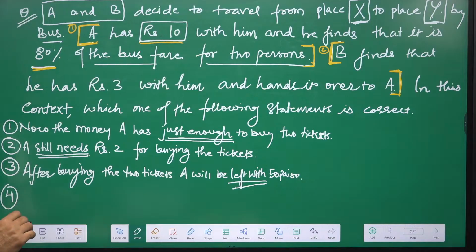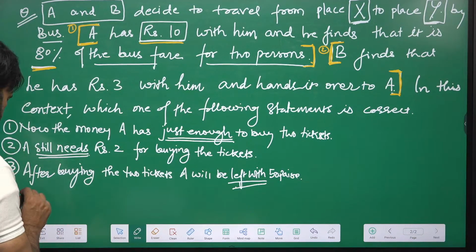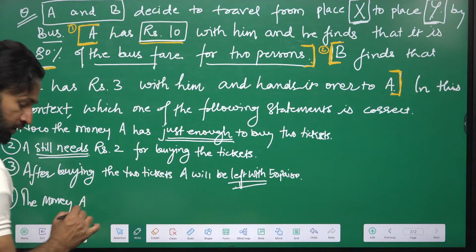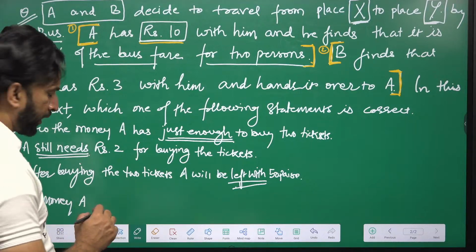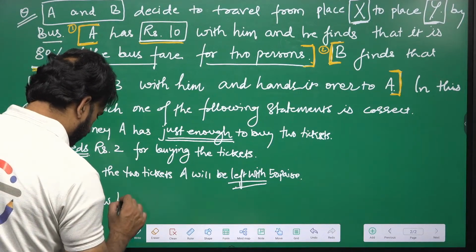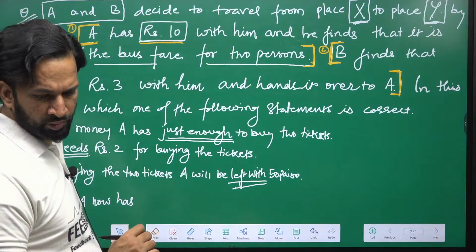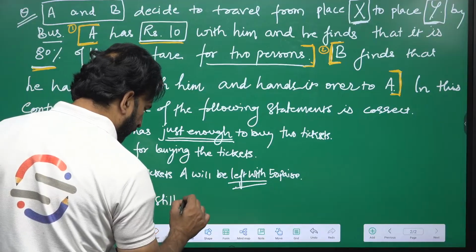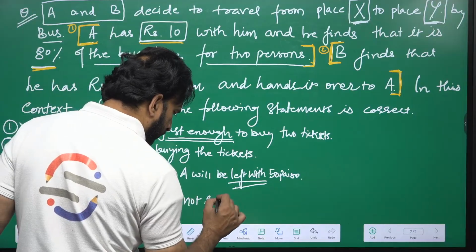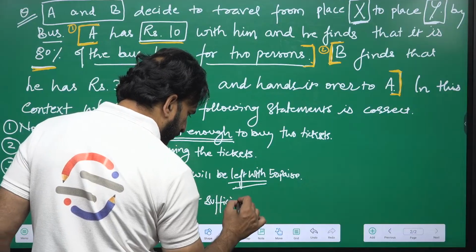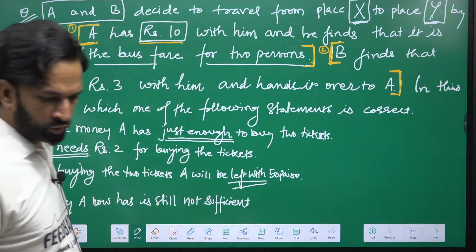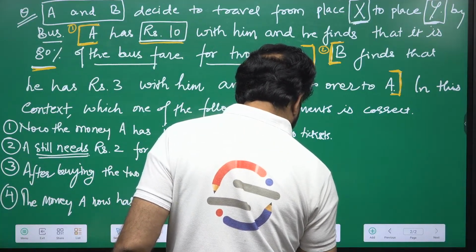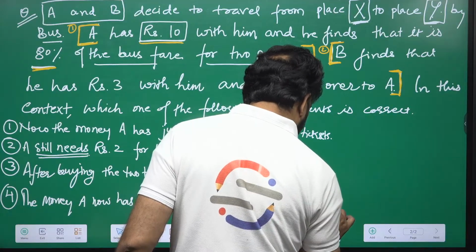Statement 4. The money A now has is still not sufficient to buy 2 tickets.